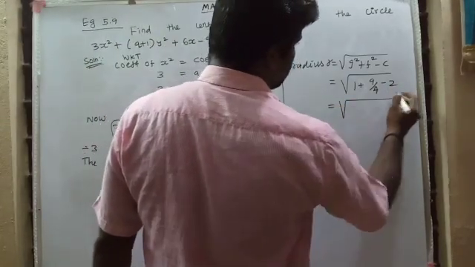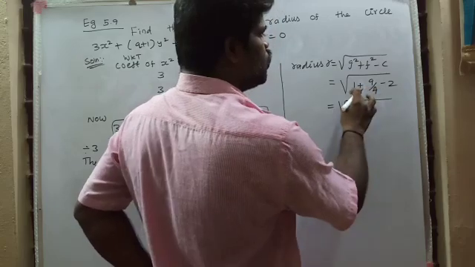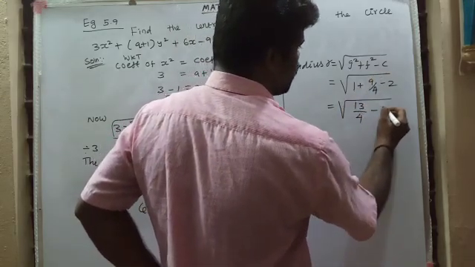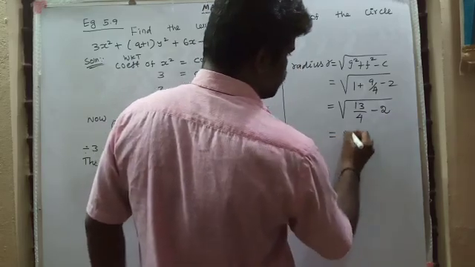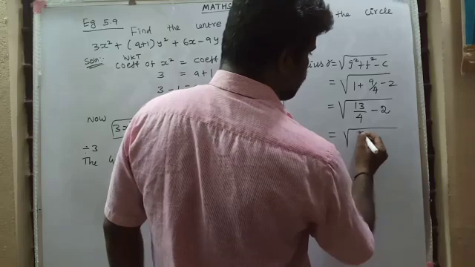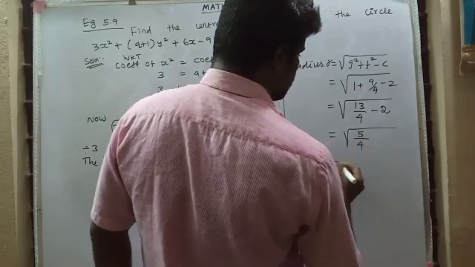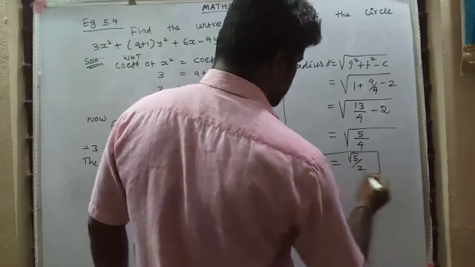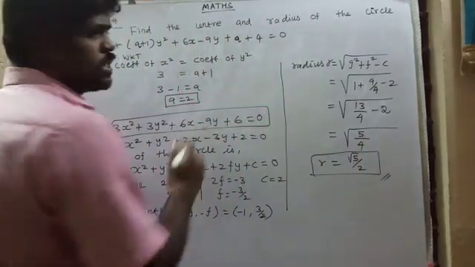First of all, we have to simplify this term. 4 into 1 is 4, 4 + 9 is 13, so 13/4 − 2. Simplify: 4 twos are 8, so 13 − 8 is 5. 5/4, that is equal to √5/2. This is the radius.